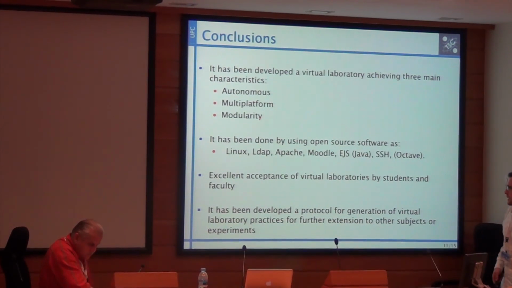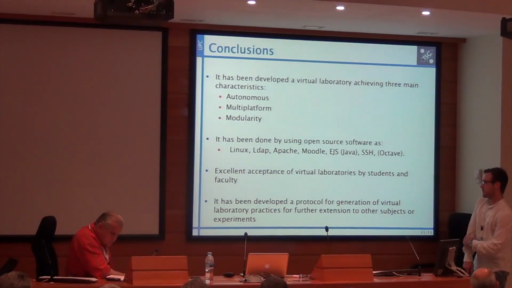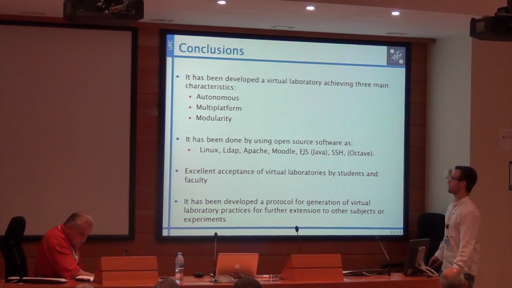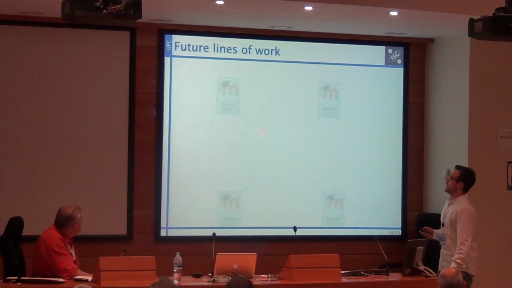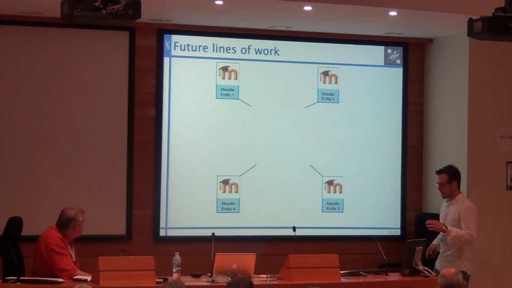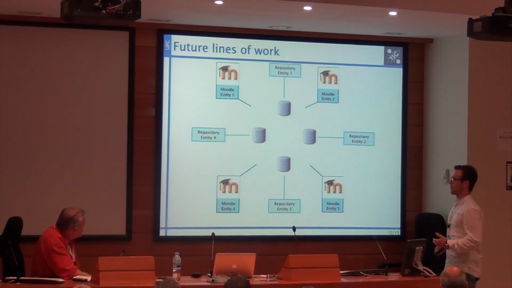And we can say that a protocol has been developed for the generation of virtual laboratory practices for further extension to other subjects or experiments. As future work, we can highlight reaching a point where different entities could share their experiments in order to have more and more virtual experiments.